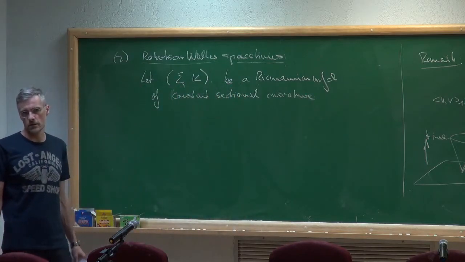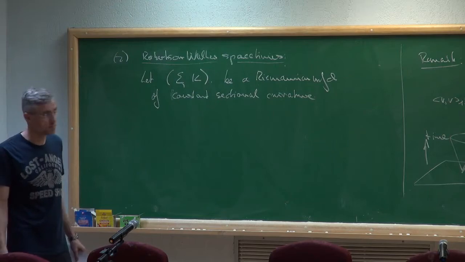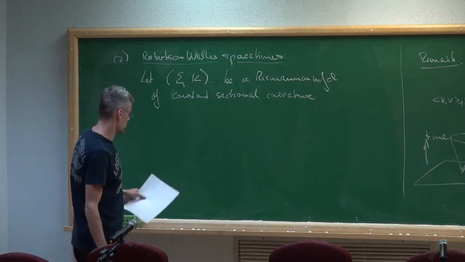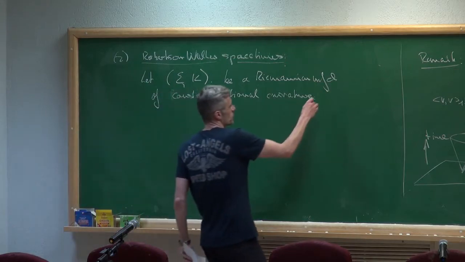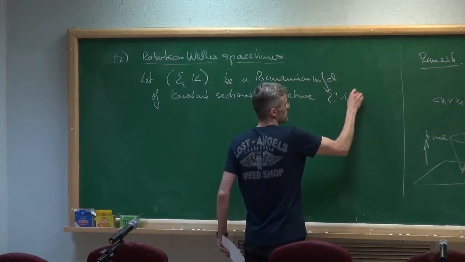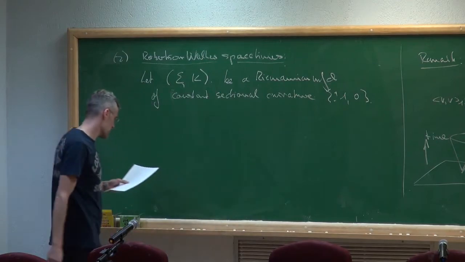So basically there are portions of hyperbolic space, flat tori or spheres. Curvature plus minus 1 or 0. So I won't make too much variation.